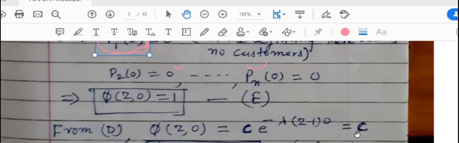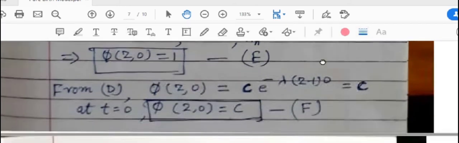The whole exponent becomes 0, so e^0 is 1 and this is equal to C. Comparing both, 1 is here and C is here, so at t equal to 0, φ(z,0) is equal to C. In this way we have got the initial value condition and the value of C.